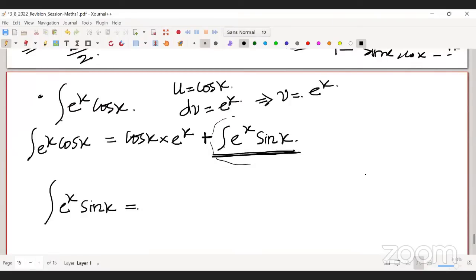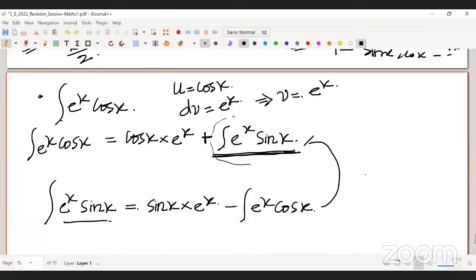Minus e^x cos x. Now, what will be the integration of this one? Cos x into sin x, into sin x times e power x, plus, right? Minus e to the power x cos x. Correct. So now I'll replace this one over here.